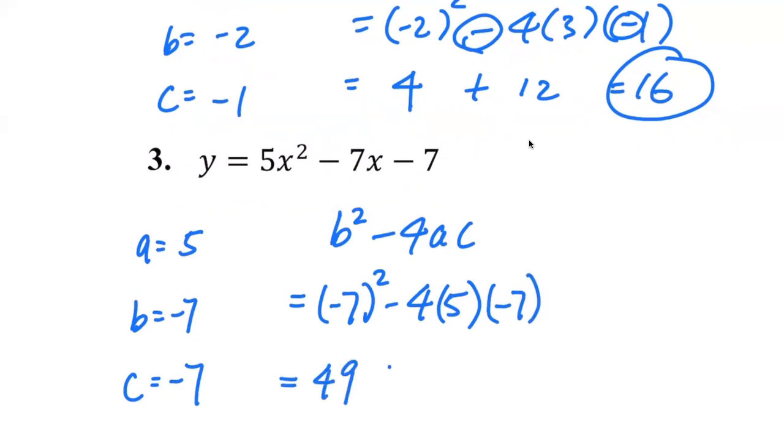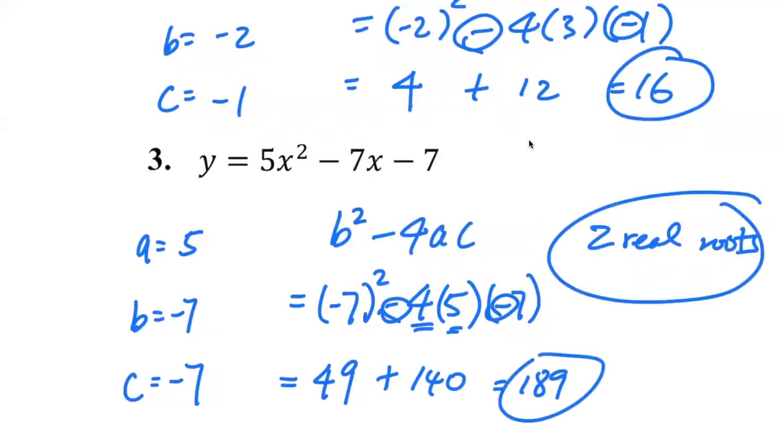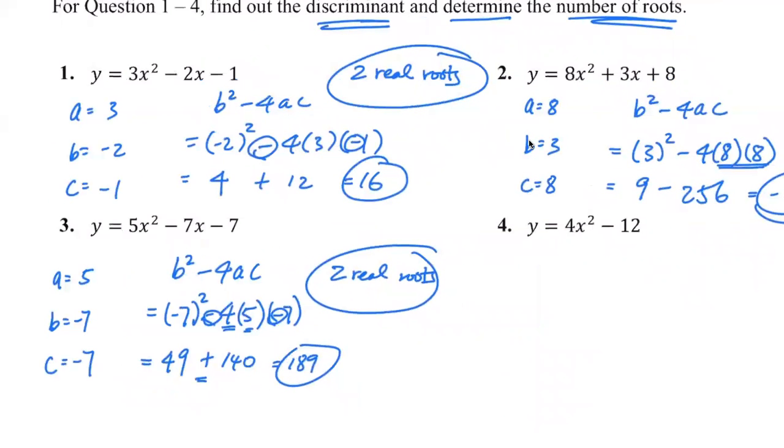If you ask how do you know so fast, see, those two minus signs change the minus to a plus, and 5 times 4 is 20. 20 times 7 is 140, so it's 189, bigger than 0. So again, two real roots. Once you know it's an addition right here, it's just guaranteed two real roots.